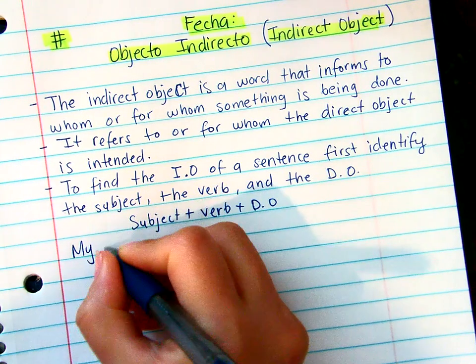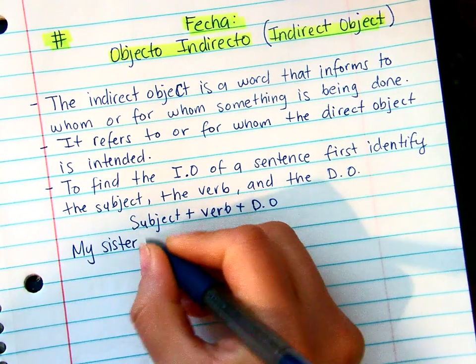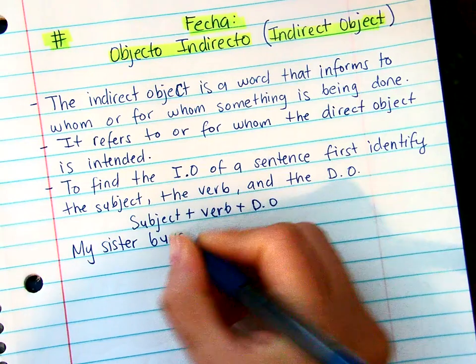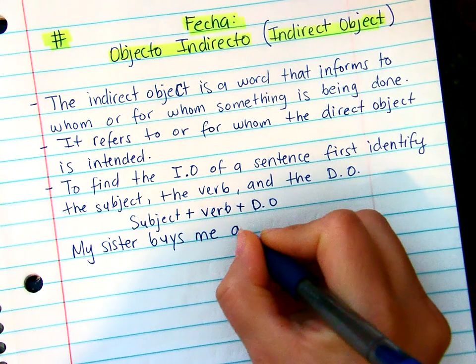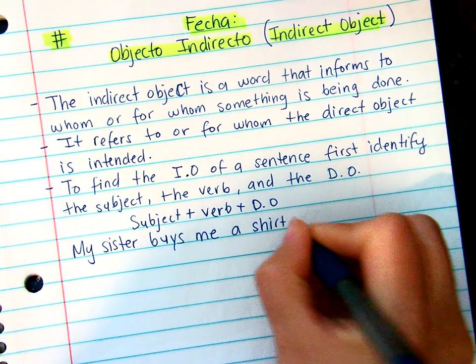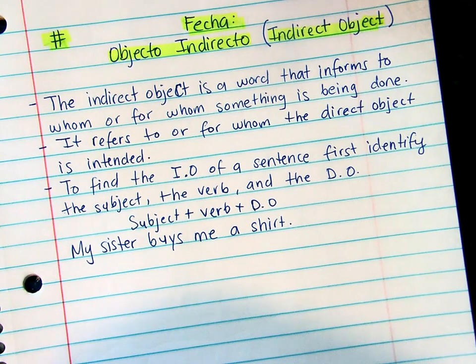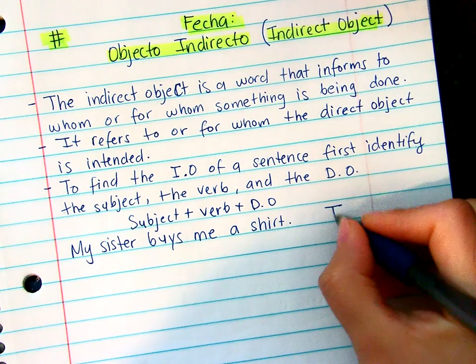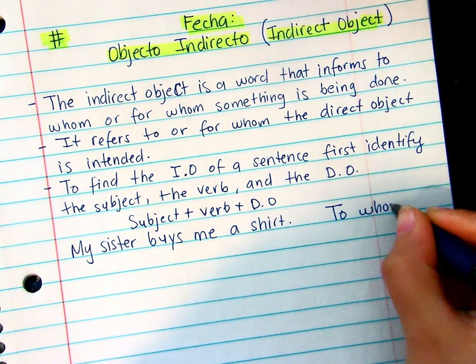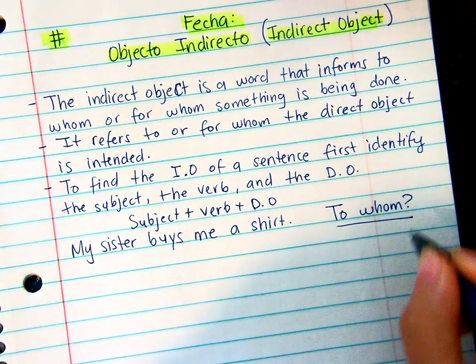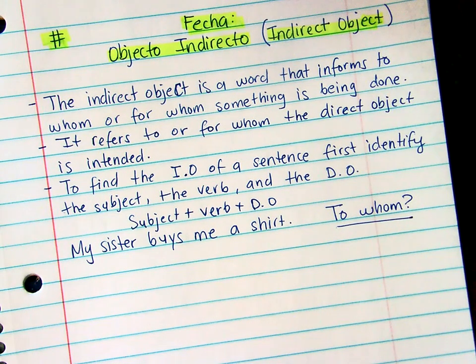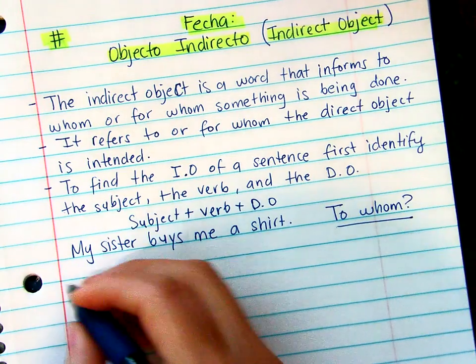My sister buys me a shirt. Okay? My sister buys me a shirt. That's the sentence I have. Okay? So to whom? This is the big question. To whom, right? This is what you need to be asking yourself. To whom? Okay?